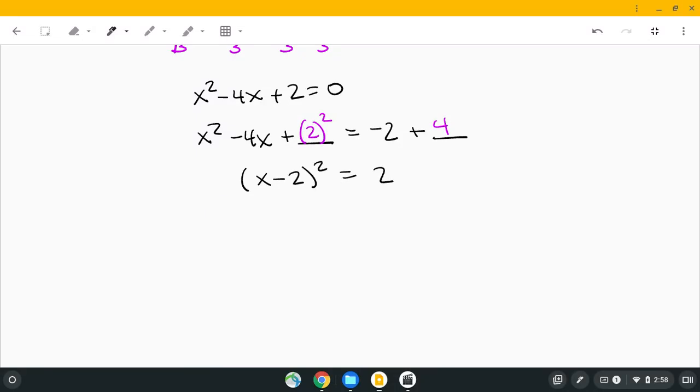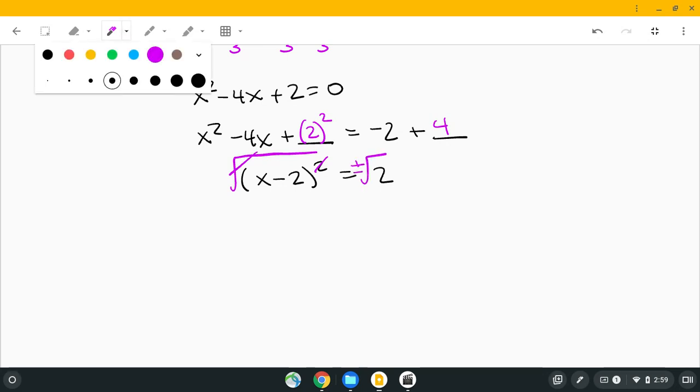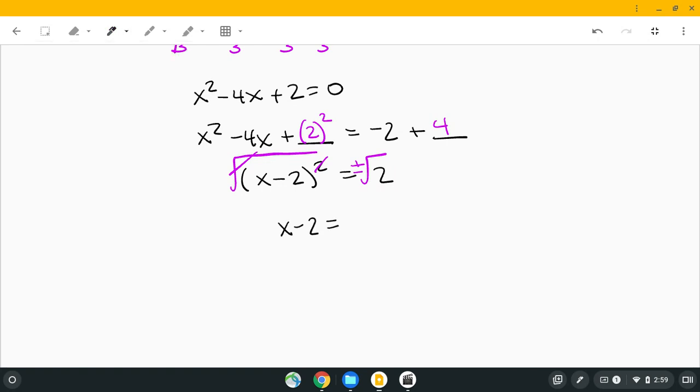Now I can go ahead and take the square root of both sides to cancel the square, but I will have plus minus. So I get x minus 2 equals plus minus the square root of 2, and then I will add 2 to both sides. So x equals 2 plus minus the square root of 2.